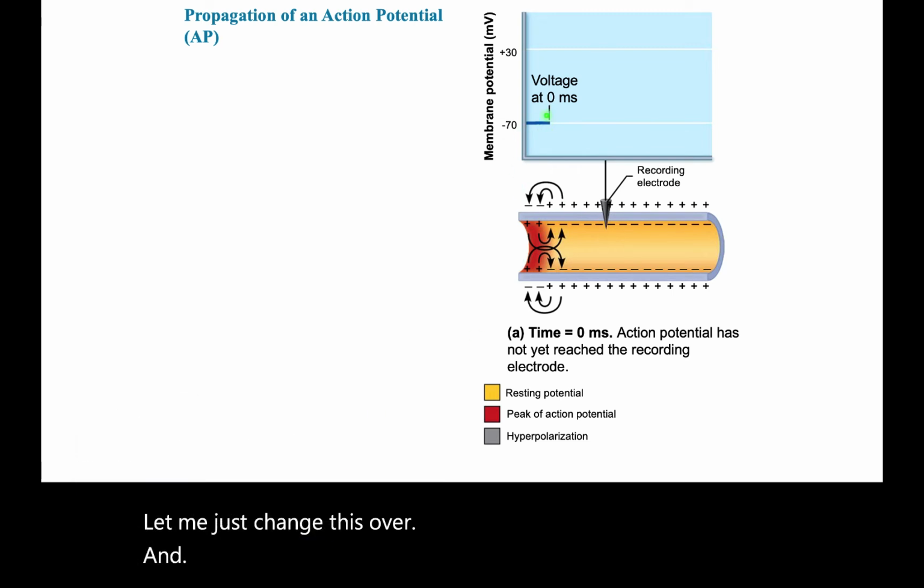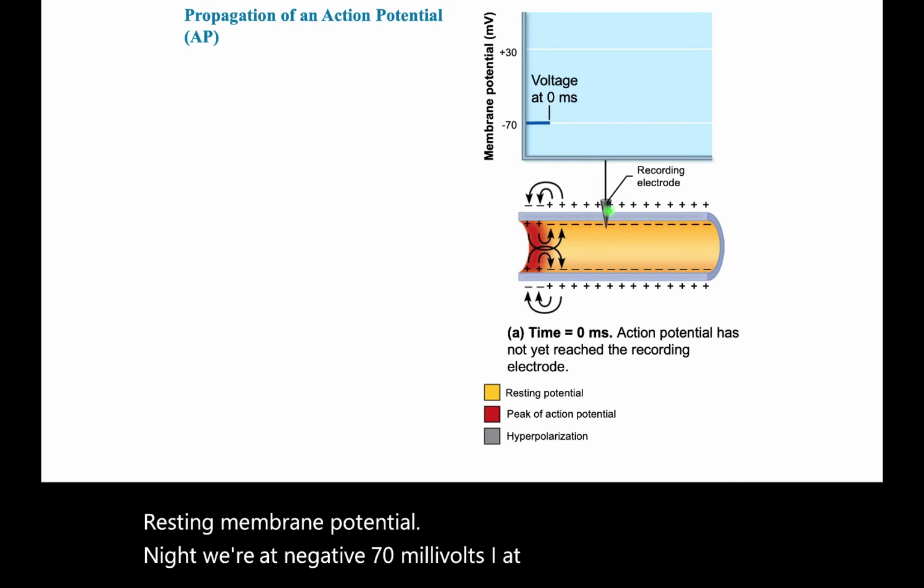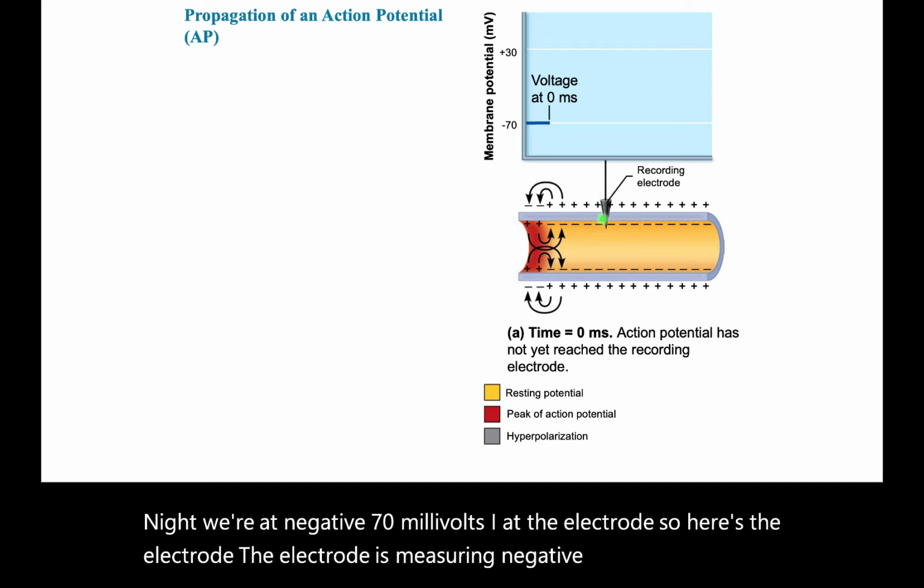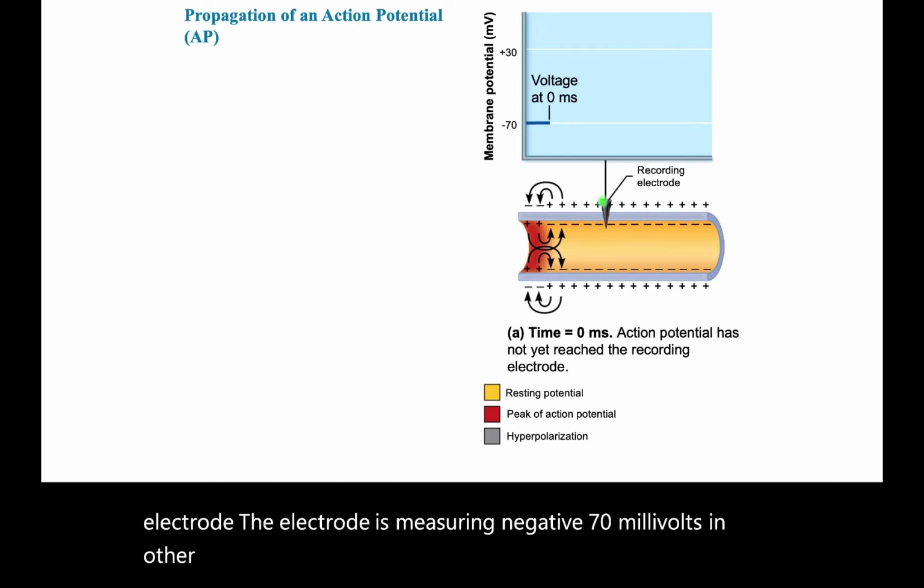And so we can see here we are at resting membrane potential. We're at negative 70 millivolts at the electrode. So here's the electrode, and the electrode is measuring negative 70 millivolts. In other words, the membrane is polarized.